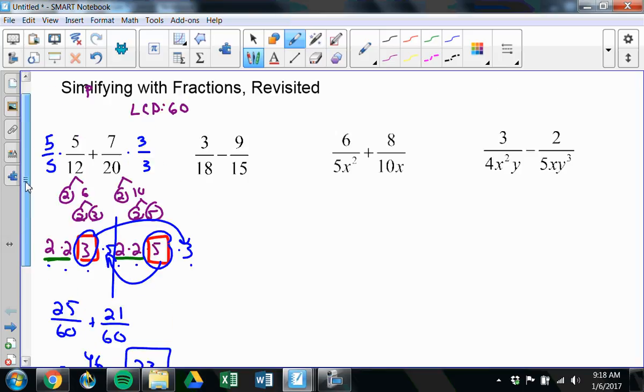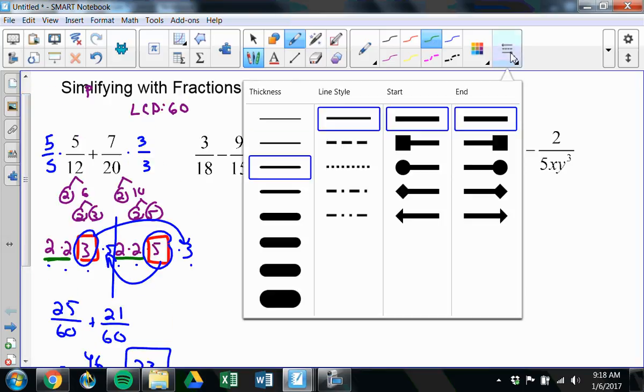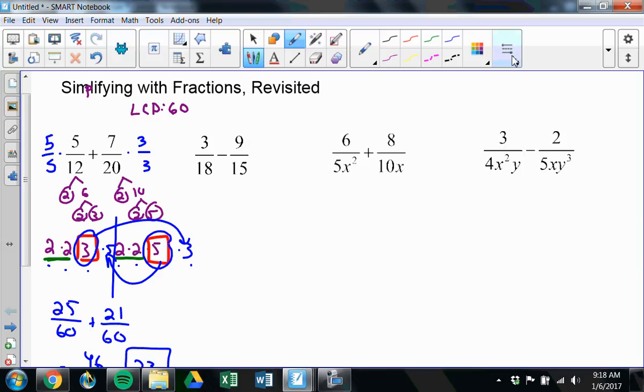So I'll do it again a little bit quicker, and you can watch the process. 18 is 9 and 2, 9 is 3 times 3. So 18 is really 2 times 3 times 3. 15 is 3 times 5 and nothing else. So I check to see what they have in common. They both have a 3, just one 3.